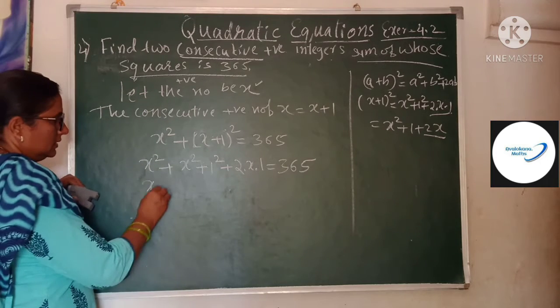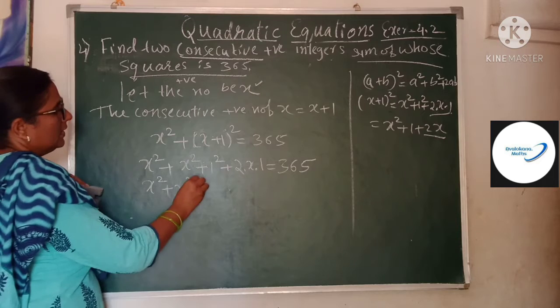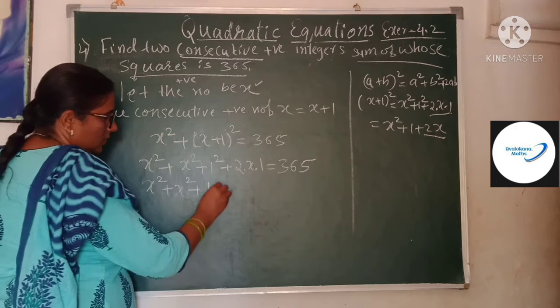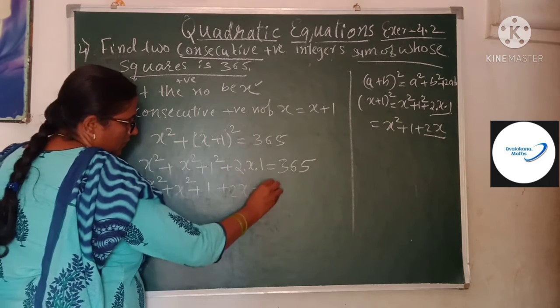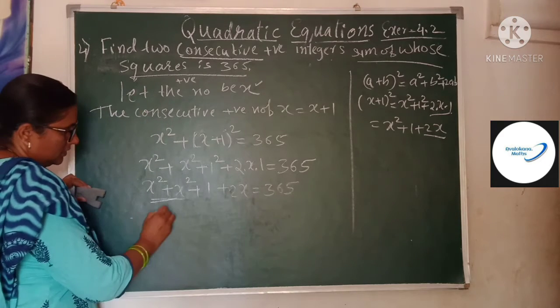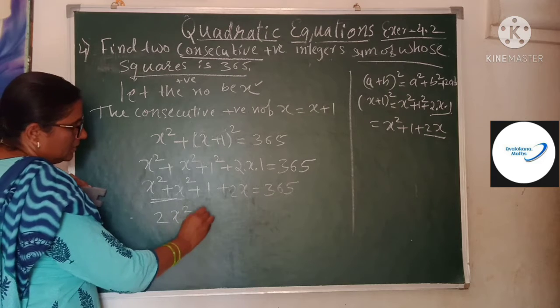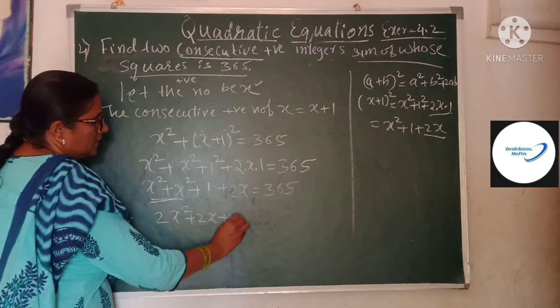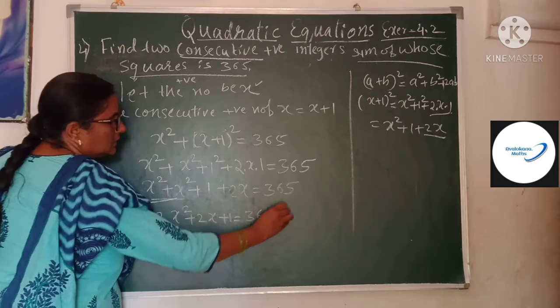Then this x square plus 1 square is 1 plus 2x is equal to 365. Very simple solution. x square and x square makes it 2x square plus 2x plus 1 is equal to 365.